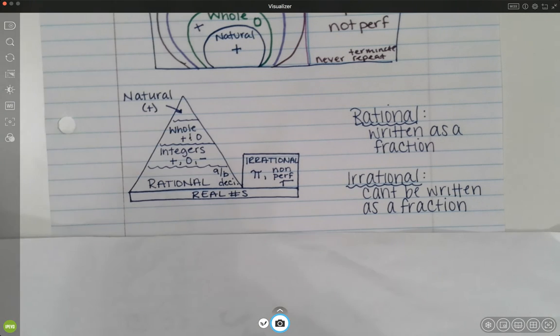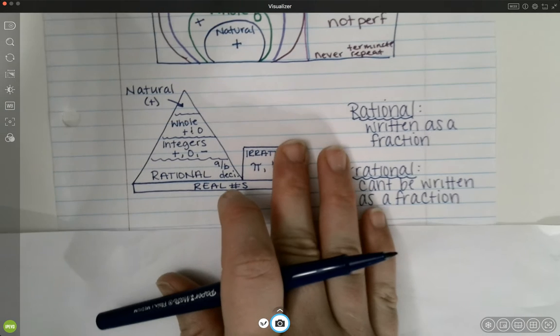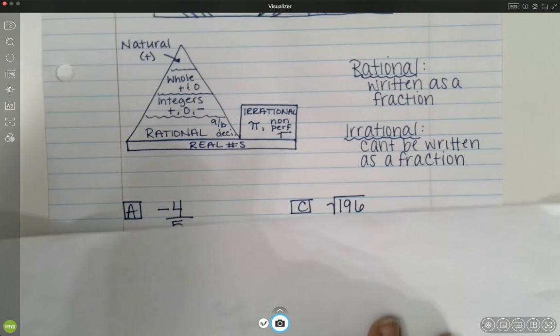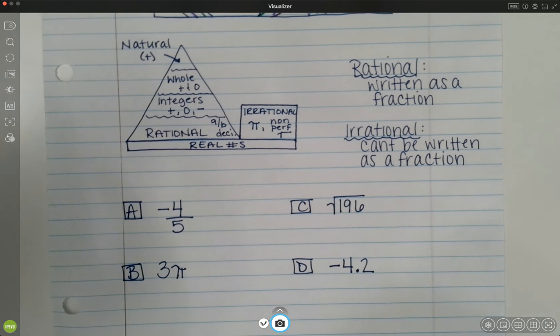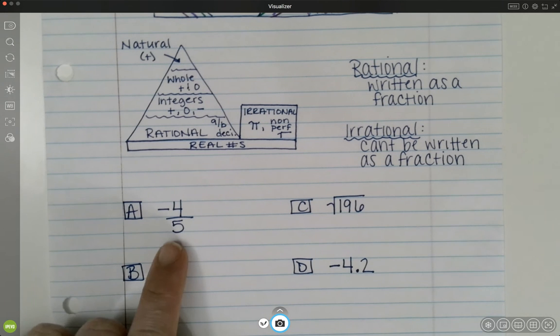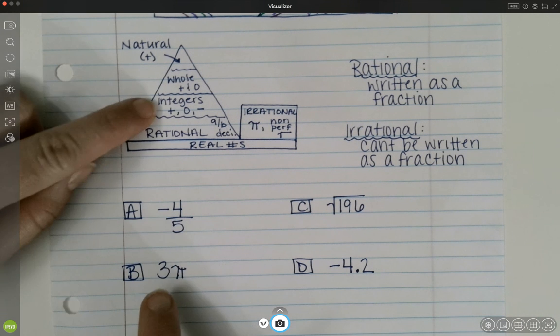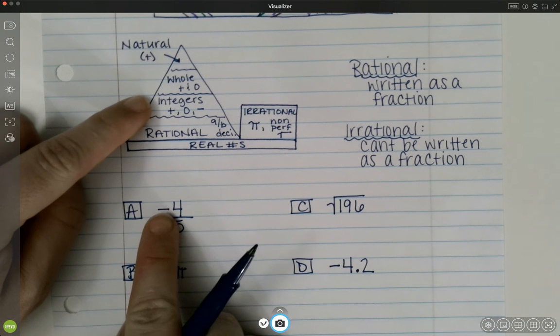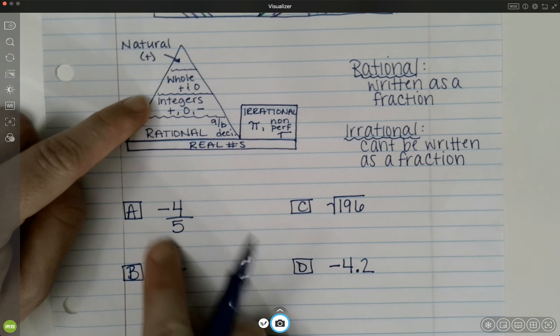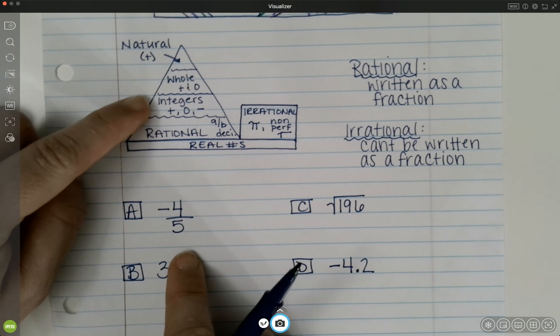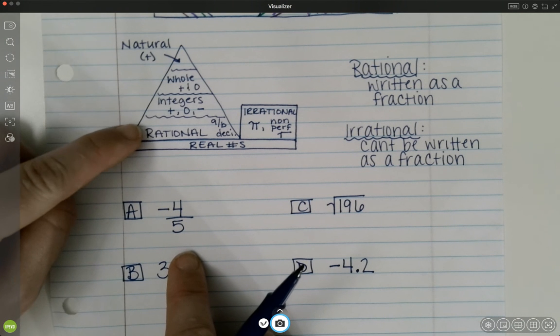Using this knowledge and this diagram, we can then classify these types of numbers. Here I look at it. While it is negative and our brain first says, oh, that has to be an integer, this is a negative fraction. Fractions always fall in rational.